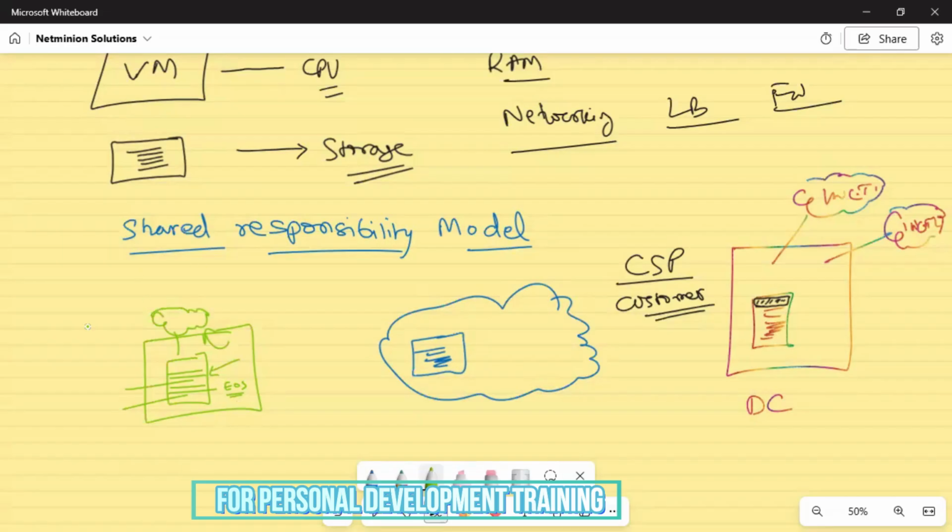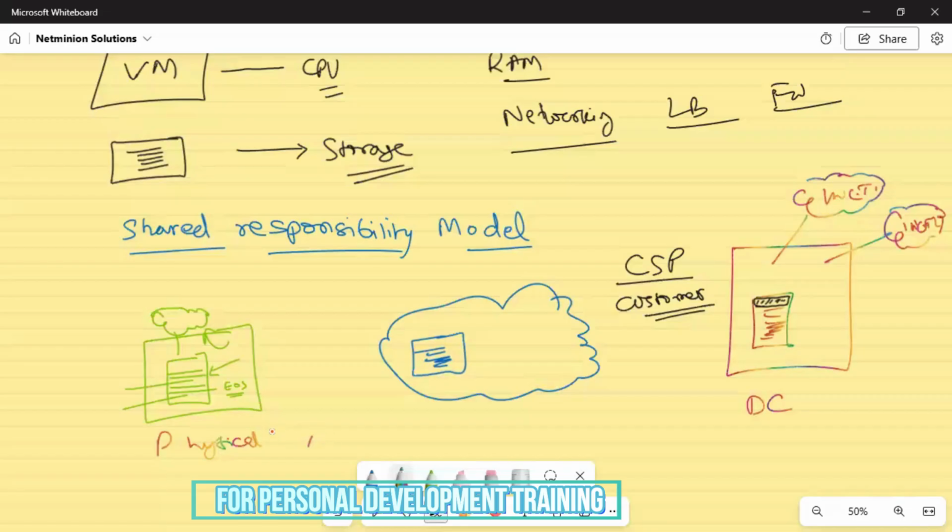So physical security, power, cooling, network connectivity are now the responsibility of the cloud provider. Let me write it down so that you can understand.